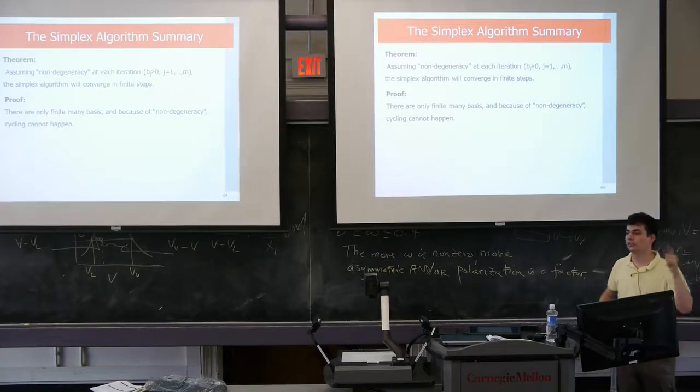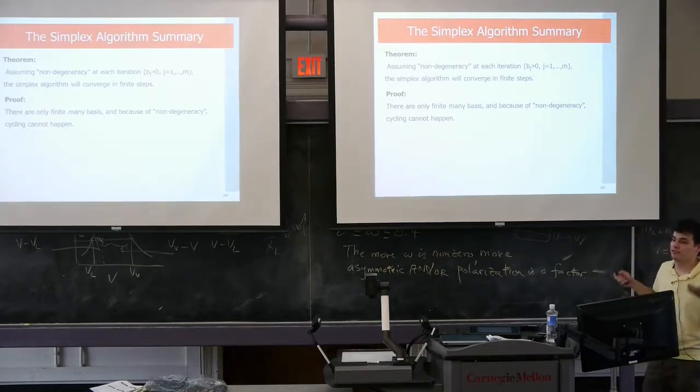You will not get into the same basis set, so at some point you have to finish. So how many steps might you have at most? You have n variables, m constraints, so n choose m. Maximum you have n choose m bases that you might try.